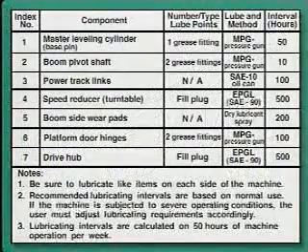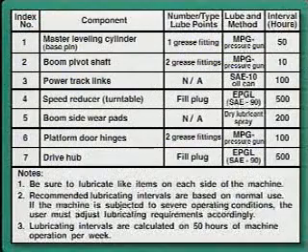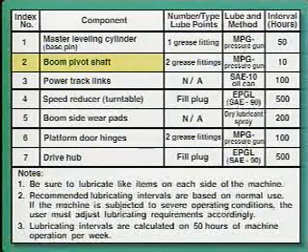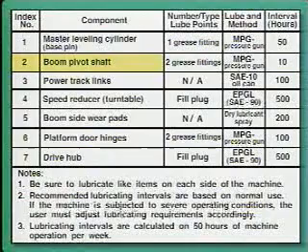In turn, the numbers from the illustration are listed on the lubrication chart, in this case, in the index numbers column. For instance, item number 2 from this illustration is identified as the boom pivot shaft on this simplified lubrication chart.